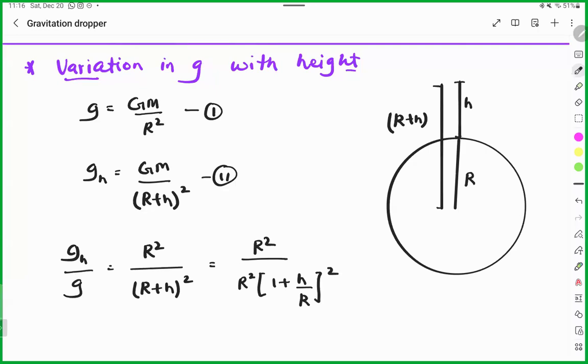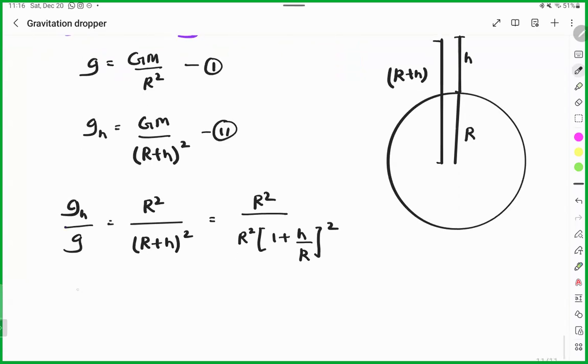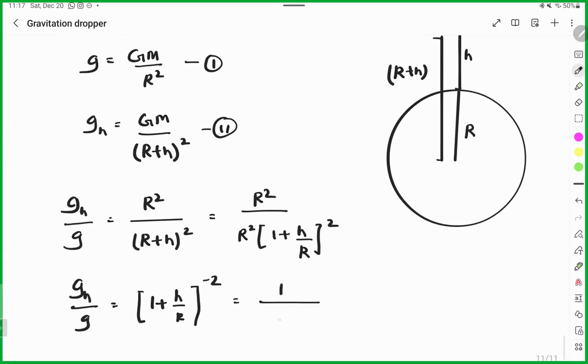Keep asking, otherwise you will have more confusion later. Any doubt? Anybody? No, sir. r square will be cancelled out, and we say g h by g will be equal to 1 plus h by R, with power minus 2 going up, because it is the same like this, 1 plus h by R whole square.